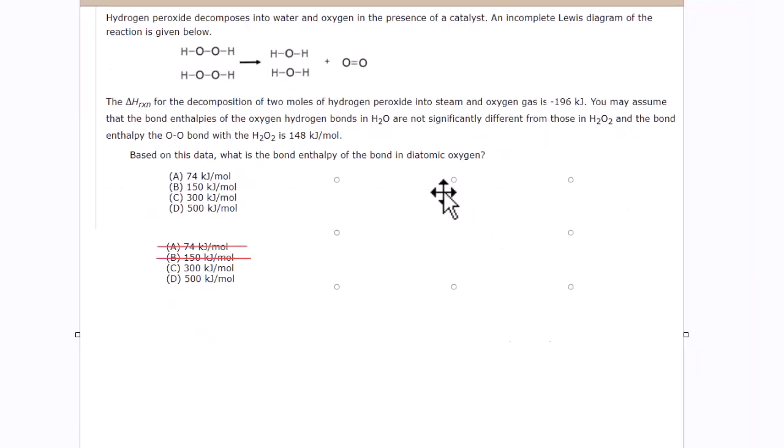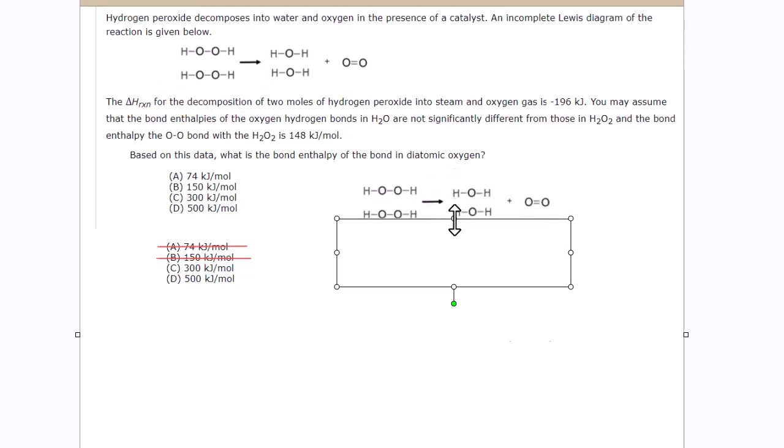Let's take this diagram again, this diagram that shows what's occurring in the reaction, where we have the 2 peroxides turning into water and our oxygen that's released. This makes double bonded oxygen for us. We know in a reaction in terms of bonds, we've got to break these bonds up so that they're just oxygens and hydrogens, and then reform them into water and our oxygen with this double bond.